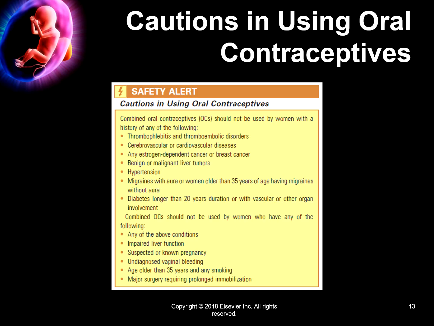And combined oral contraceptives should not be used by women who have any of the following: any impaired liver function, suspected or known pregnancy, undiagnosed vaginal bleeding, age older than 35 years, and any smoking at all. It's contraindicated for combined oral contraceptives.